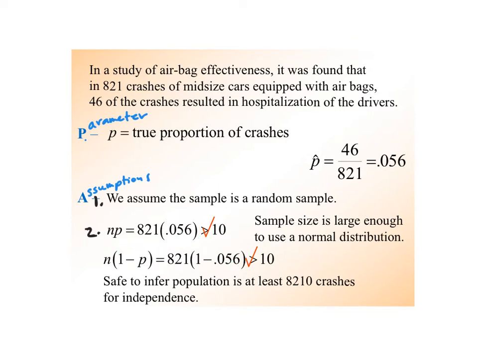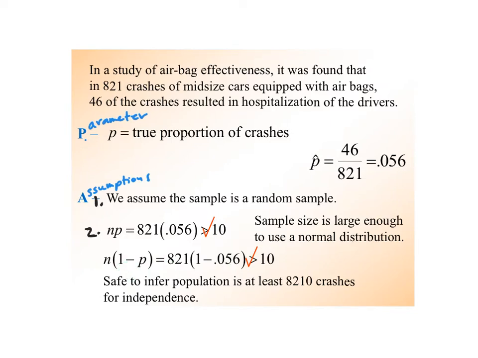Checking to see if these 2 are greater than 10. So I'm going to do n times p. Where did I get this p from? From the sample data. And I'm going to check to see, is that greater than 10? You can calculate that on your own calculators. I put a check mark there. The next thing we have to calculate is n, which is 821, times 1 minus p.